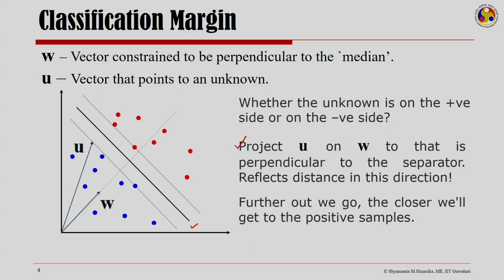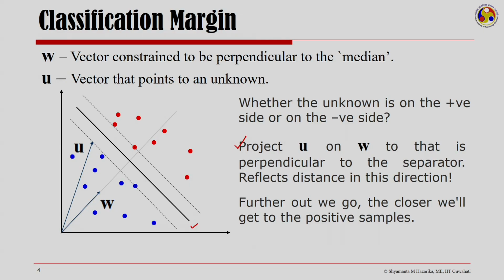So, in a sense, the larger we have that value, the farther out we go, and the closer we will get to the positive samples.